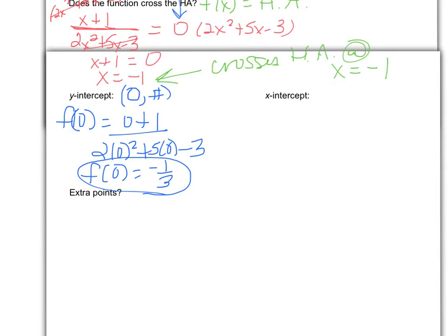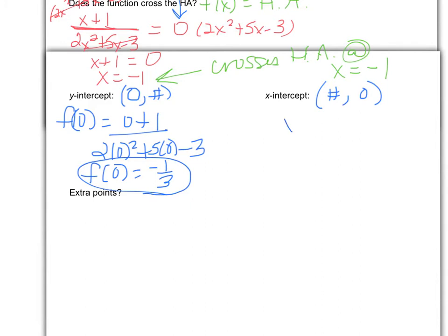So you get an x-intercept when you have some number for the x and a 0 for the y. So if y is 0, then you have your function equal to 0. And we literally just did that over here because my horizontal asymptote had to be 0. But I also want to point one more thing out. So check this.